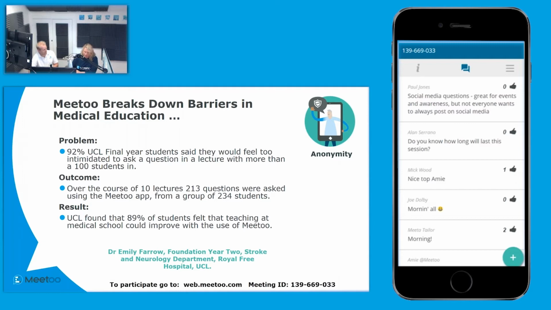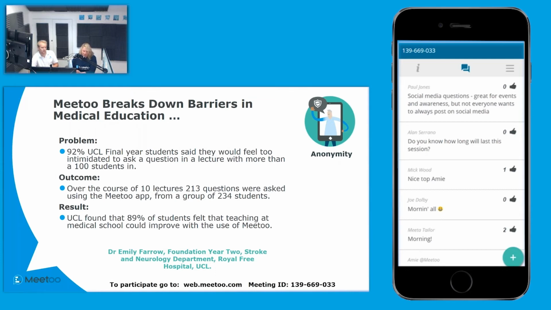In an attempt to improve this issue, UCL used Meetoo to gather questions from their students anonymously. And during their use of Meetoo, they found that over a course of 10 lectures, 213 questions were asked using the Meetoo app from a group of 234 students.